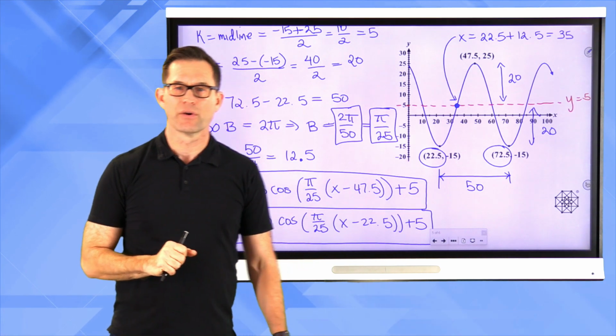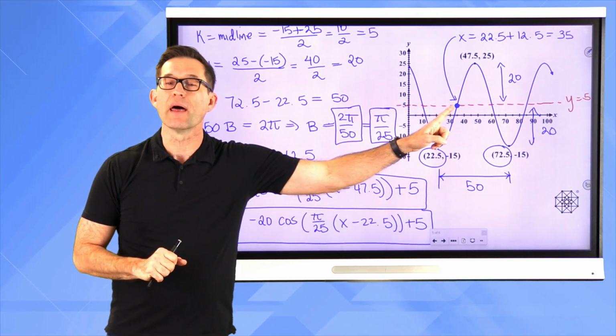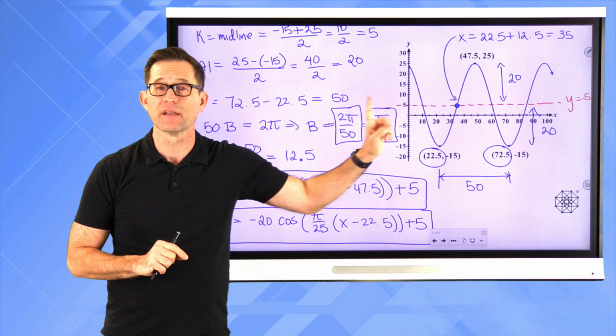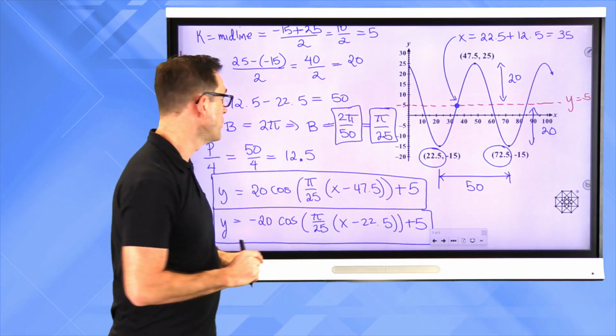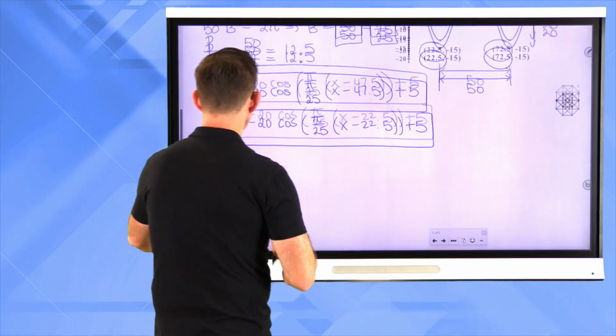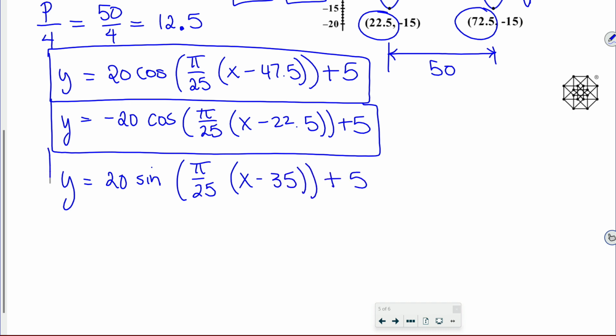So the first one that I can really use where my a value is positive is a horizontal shift by 35 units to the right. So that would give me y equals 20 times the sine of pi over 25 times x minus 35, plus 5.